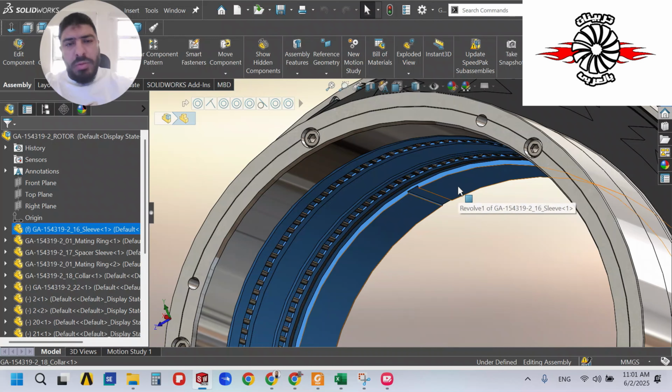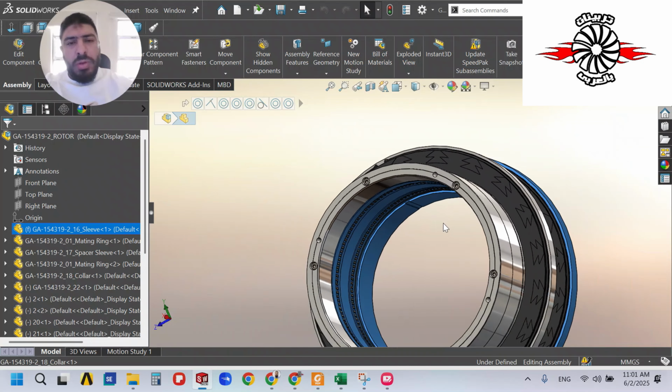It can be fixed and prevented from rotating by this key. This key is very important: we must align it during the installation with the setting plate and the shaft, aligning the key of the sleeve with the shaft slot and the key in the shaft, to make the installation easier.